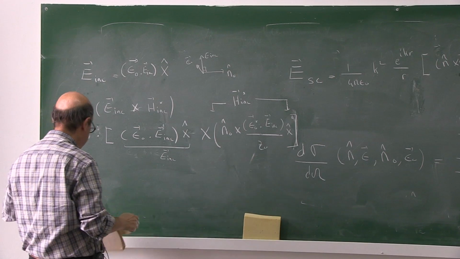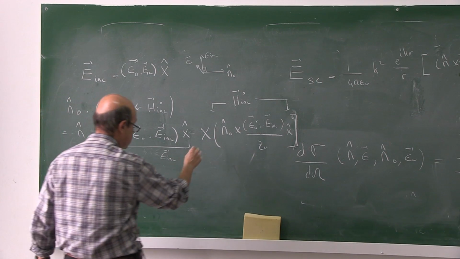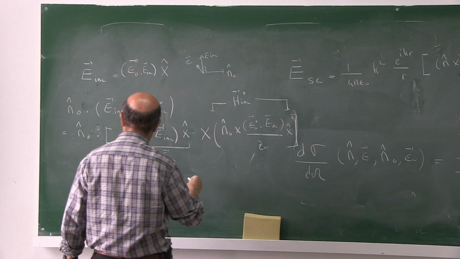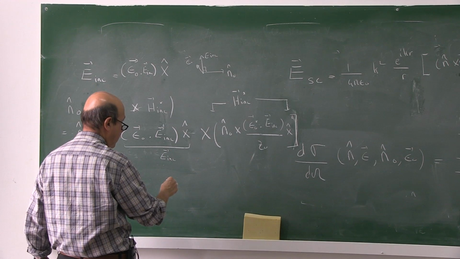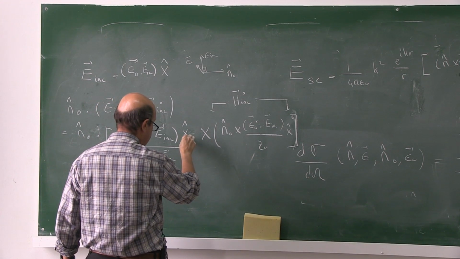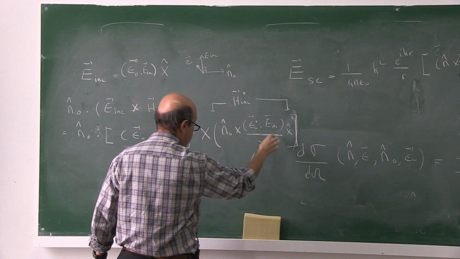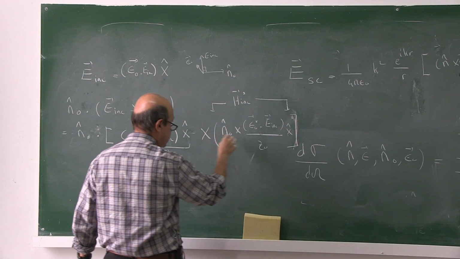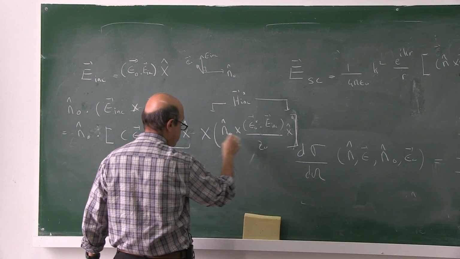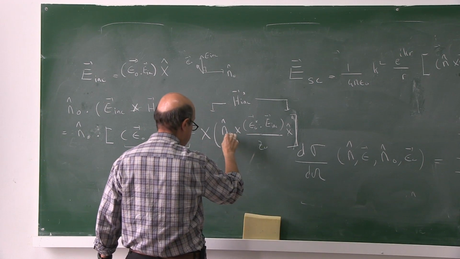So if you take the double cross product, what are you going to obtain? This will be A, B, and C. A dot C, x dot x will be unity along n0.